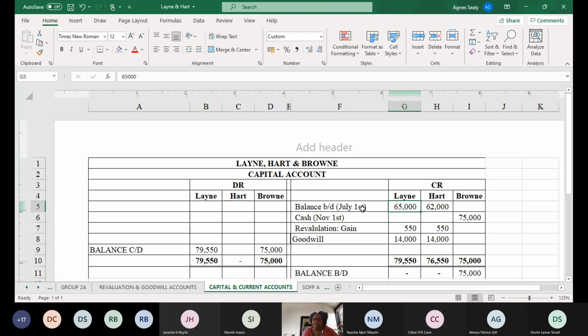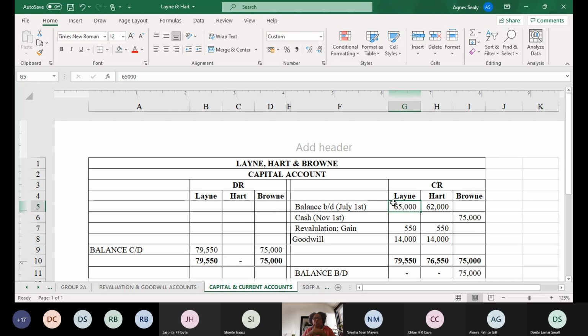But when Hart retired, there was a revaluation of the assets of $550, and a share of goodwill of $14,000 that was given to Layne. So these two figures increased her capital to $79,550. So under the new agreement now, the interest is going to be calculated on her new capital figure, what her capital would be at the end, rather than what it was at the beginning when it was the old agreement.